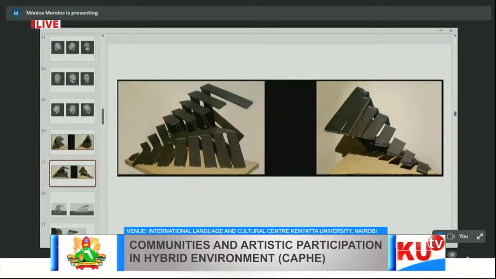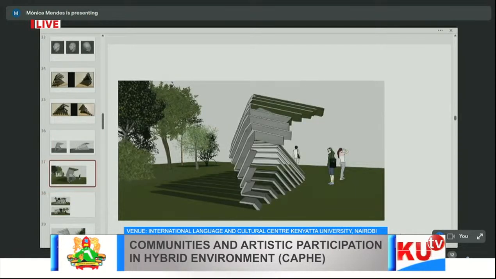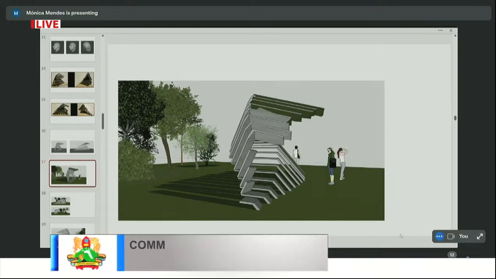So this is made of card, and now this is already the digital model. And of course, the studies and renders of the environment where the sculpture can be seen.